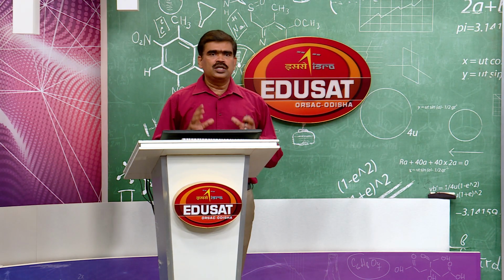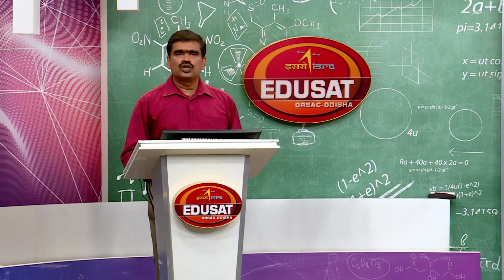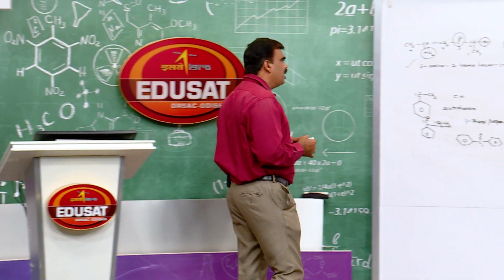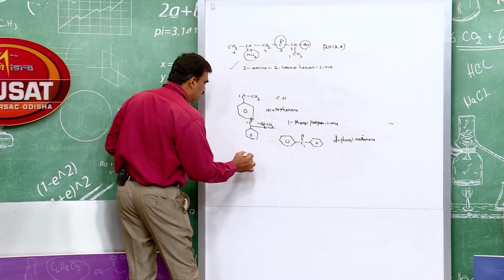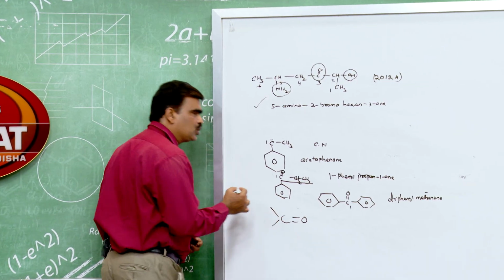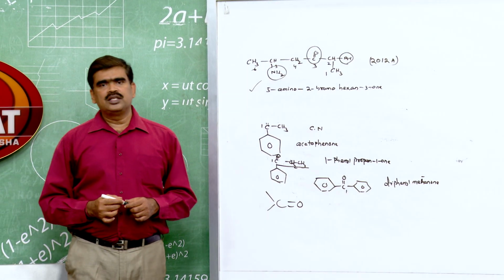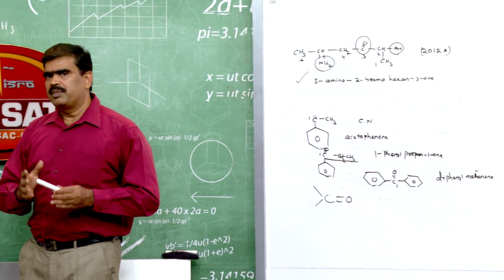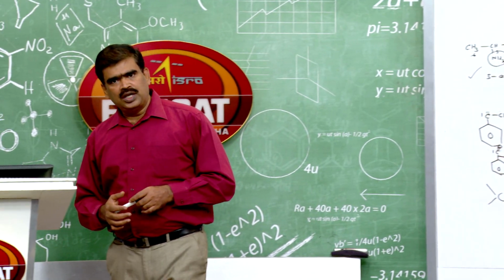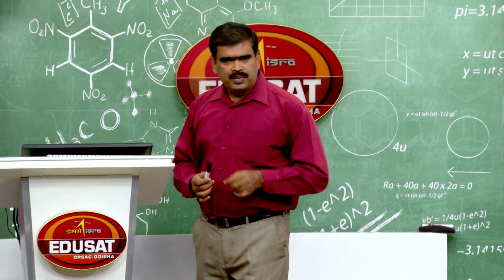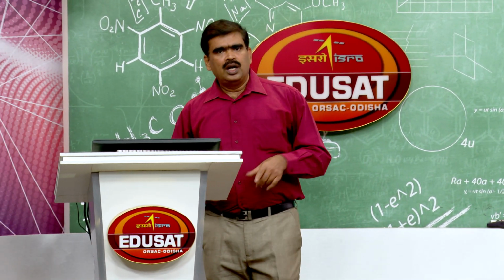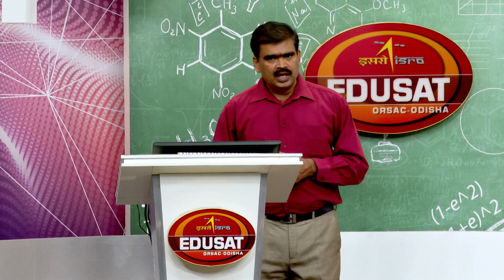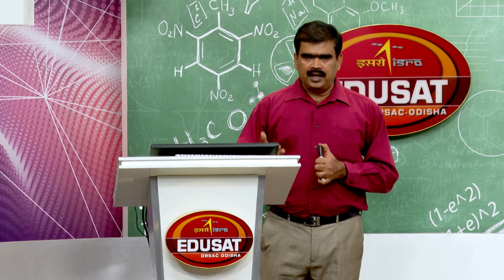Next, you see the structure of carbonyl compounds. We will discuss in detail the structure of carbonyl compounds. The carbonyl, you know, is a divalent carbonyl group, and what is its structure: its hybridization, bond angle, and how many bonds are present between carbon and oxygen. That is, a double bond is present. If a double bond is present, what type of bonding takes place? Okay. We will discuss it later.